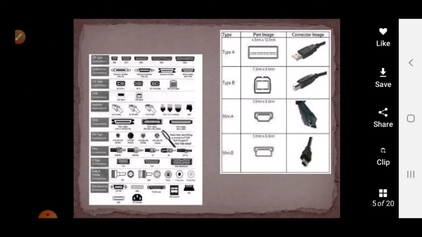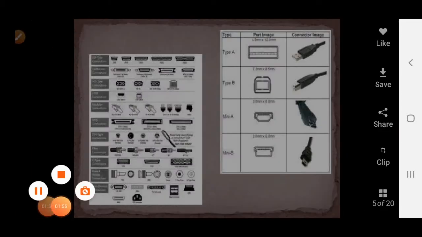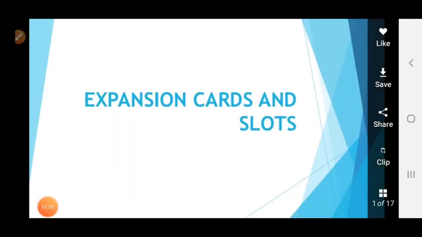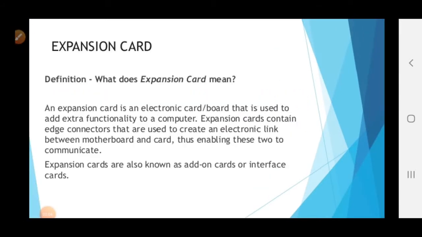Then let's discuss expansion slots and cards. What does expansion card mean? An expansion card is an electronic circuit board that is used to add extra functionality to a computer.